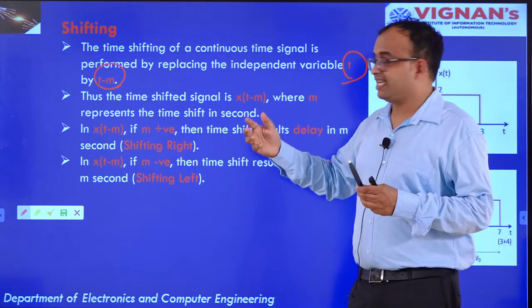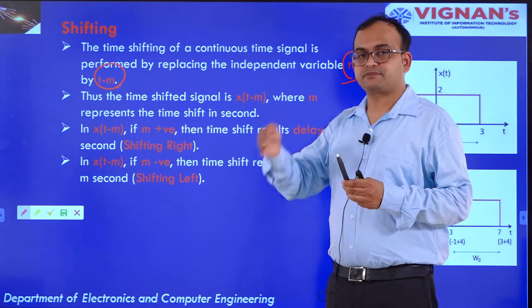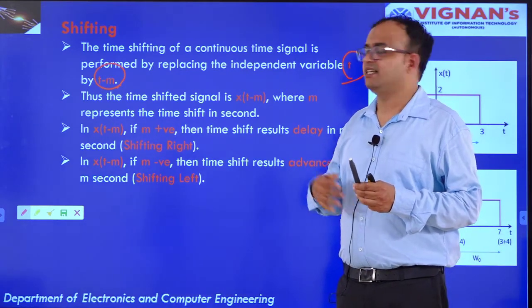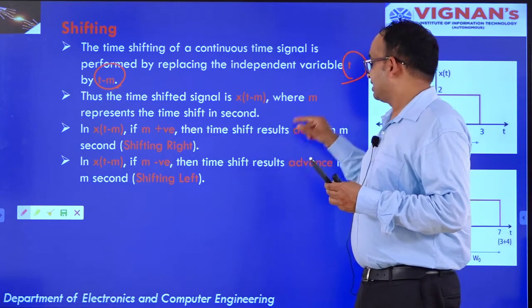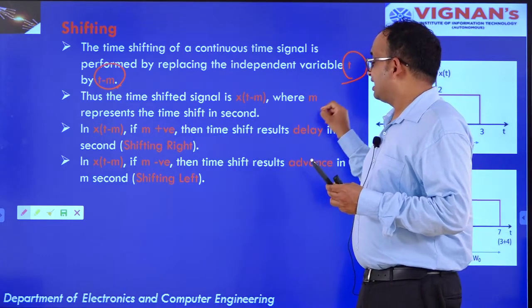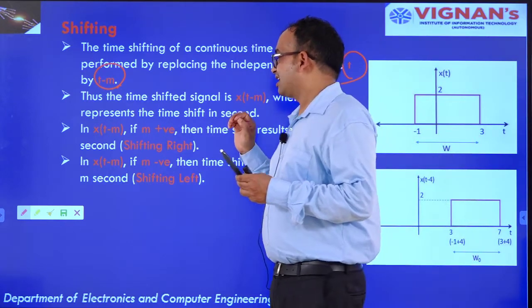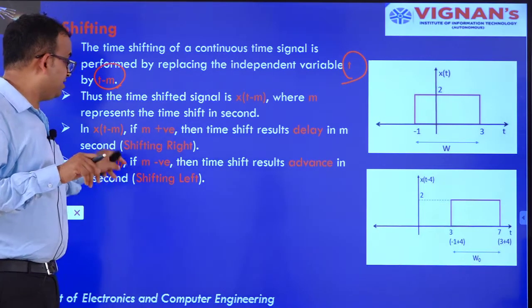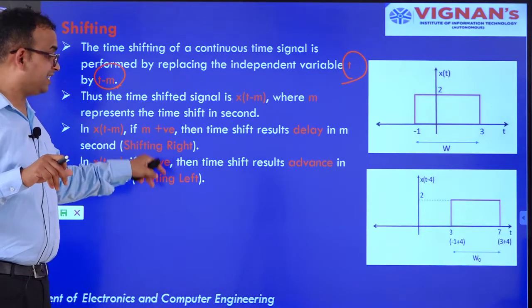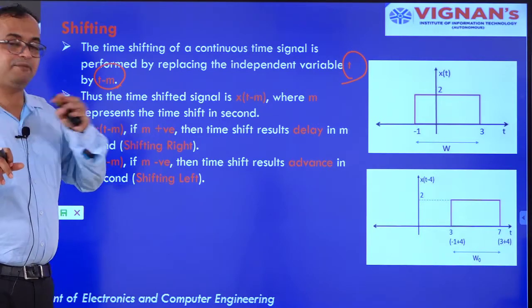We may take m positive or negative. If m is positive, it is known as a delayed signal and it will shift towards the right. Similarly, for x of t minus m, if m is negative, it is known as an advanced signal and it will shift towards the left.